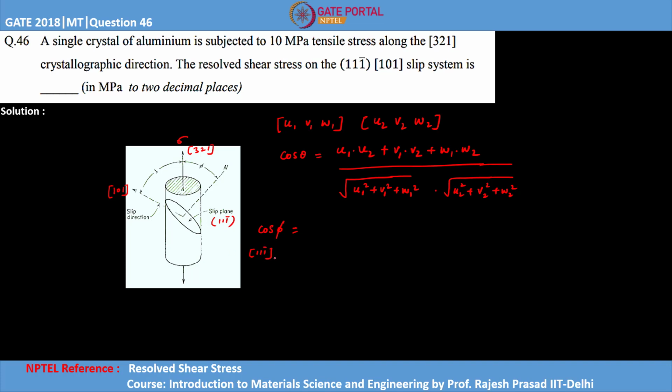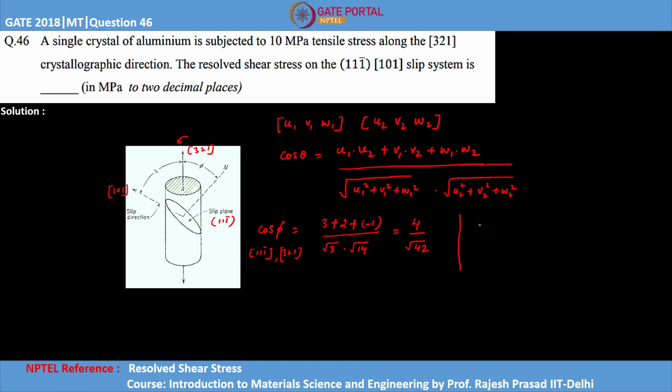So we calculate the angle between [1 1 1 bar] and the applied stress direction [3 2 1] with a dot product. 1 times 3 gives 3, 1 times 2 gives 2, and 1 bar times 1 gives minus 1, upon the square root of 1 square plus 1 square plus minus 1 square, which is root 3, times the square root of 3 square plus 2 square plus 1 square, which is 14. Solving this gives 4 upon root 42. So we got the value of cos phi.